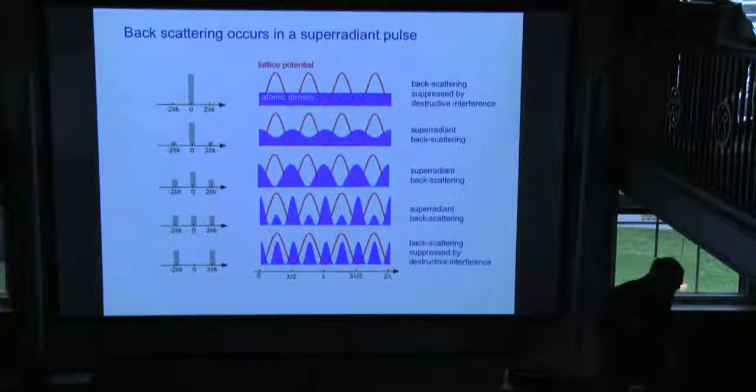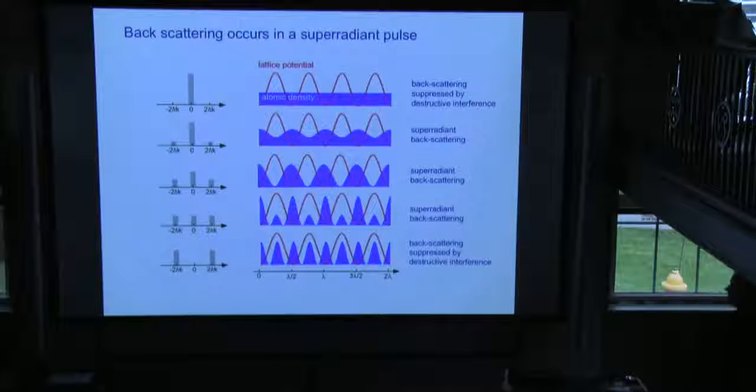The scattering processes I'm talking about are superradiant, in the sense that I want to explain to you in this figure. If you start and couple an accelerator to the cavity, there's a standing wave, the atomic density is flat to begin with, and this is, if you want, the momentum spectrum.